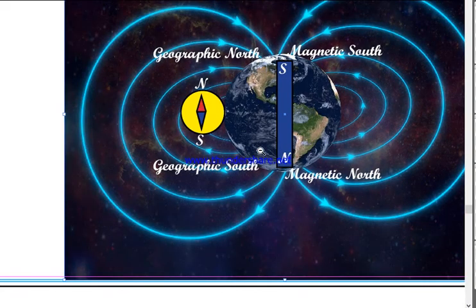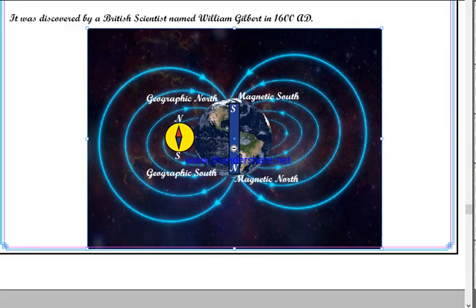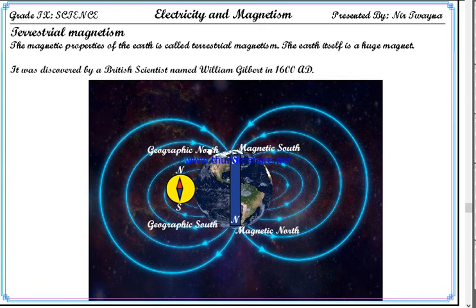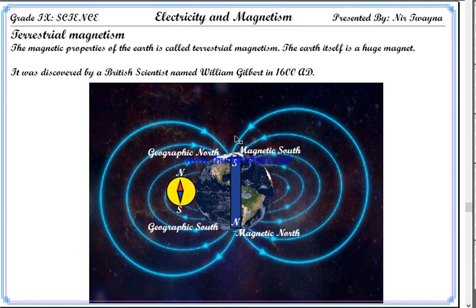But in our daily life, we consider the response of magnet in a compass. That is why we still now consider geographic north and geographic south to be actual north and south. Understood? Do you have any confusion up here?